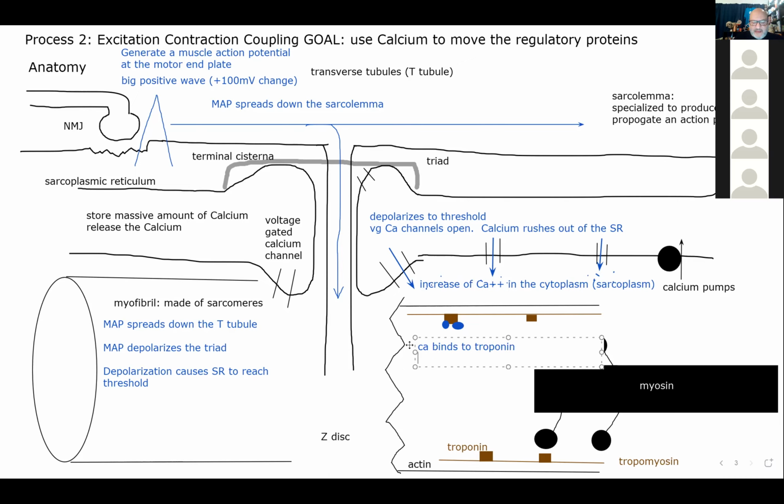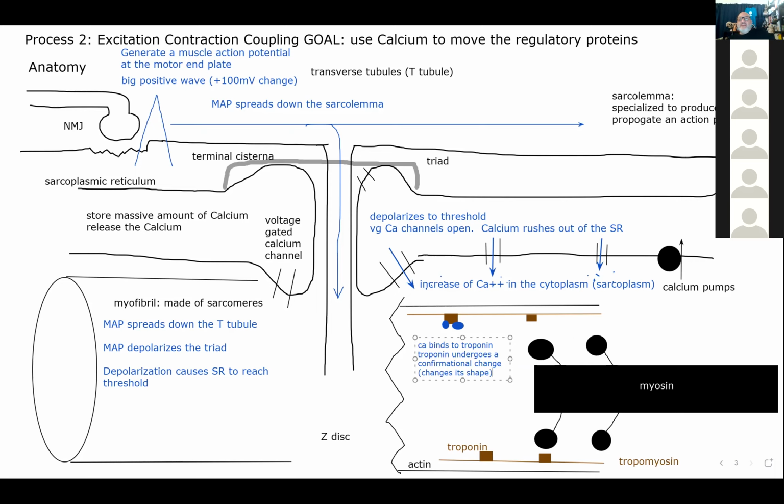And when it does that, troponin undergoes a conformational change. It's another fancy term. Someone remind me again what that means? Changes shape. Yeah, it's just a fancy way of saying it changes its shape.